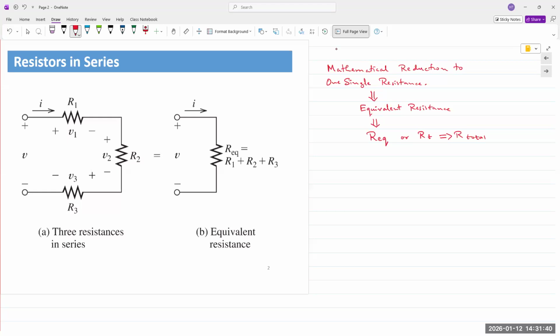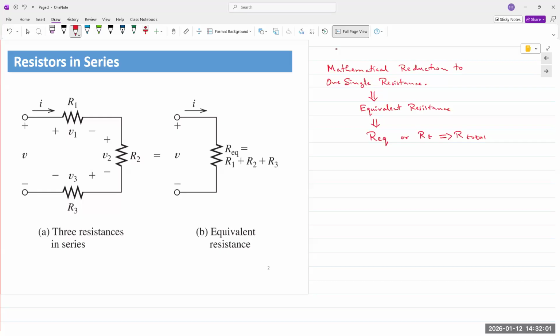The reason is that the current flowing through each of these resistors is different, so the voltage drop across each resistor would be different. So REQ will change depending on the perspective. If the measurement terminals are different, then REQ will also be different.